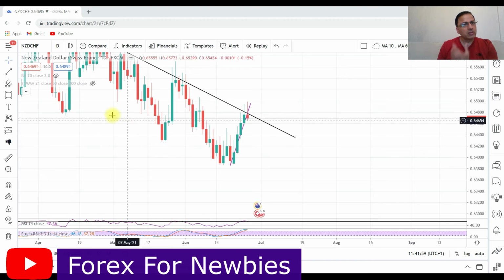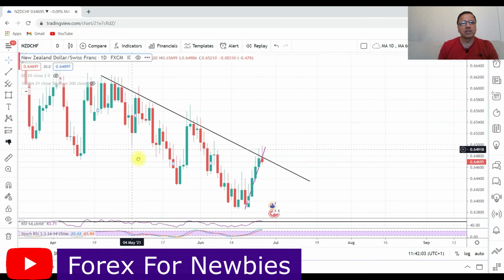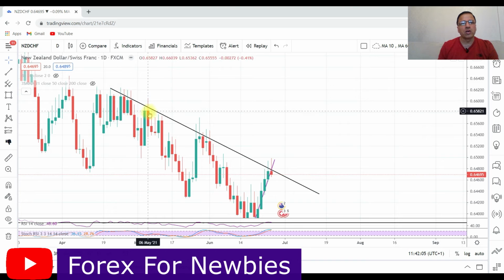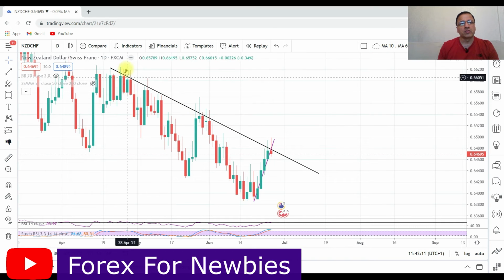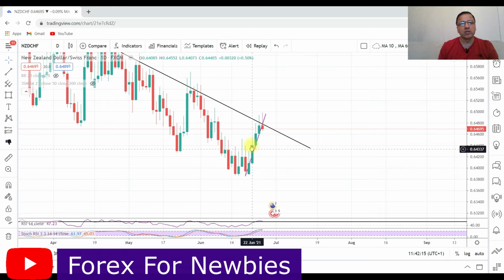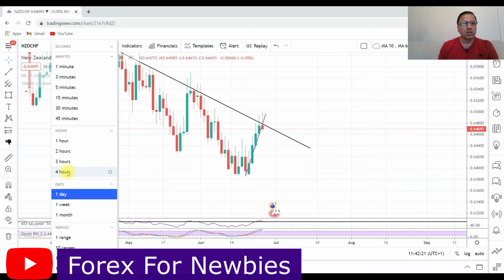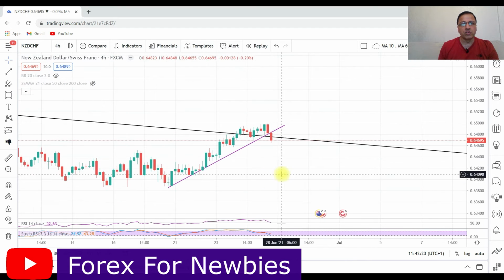Now next pair is NZDCHF daily time frame. As you can see, it is also going down, making lower highs and lower lows, and respecting this daily trend line and going down. At the moment it's pulling up, and it looks like it is retesting this trend line again. You can go on the 4-hour or 1-hour time frame.